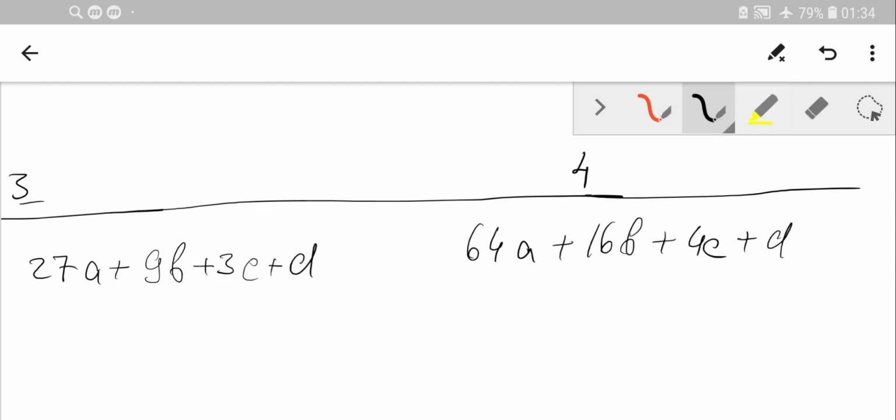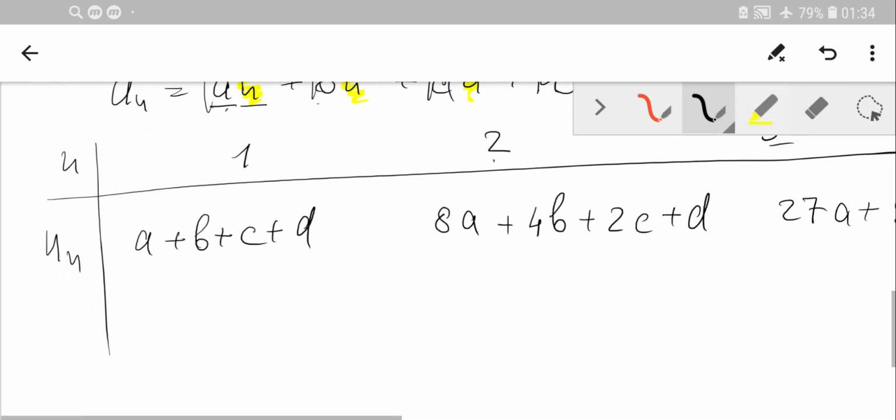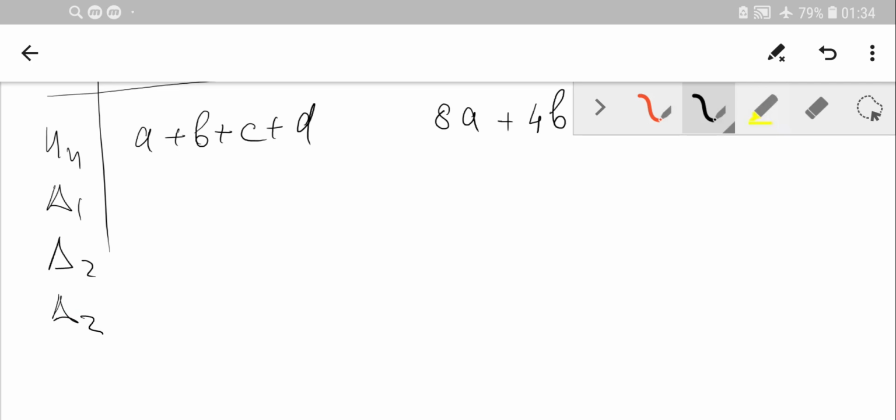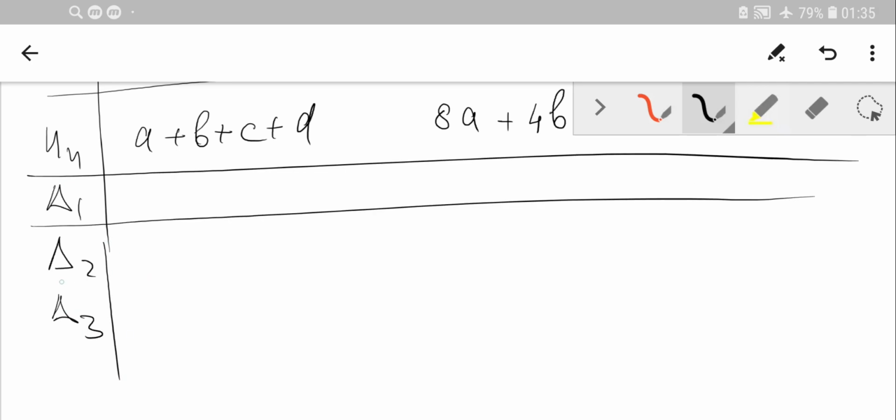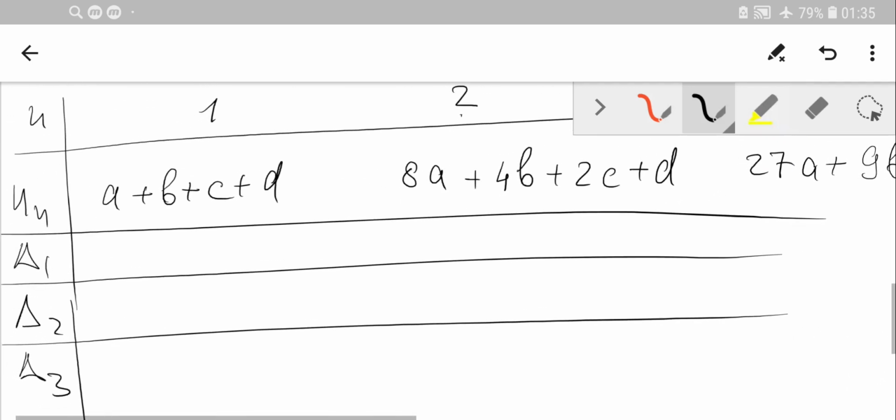So what we can do now, we understand that we need to figure out the first difference, the second difference, and the third difference. That's exactly what we want to do. The first difference: by subtracting u2 minus u1, we arrive at 7a plus 3b plus c.